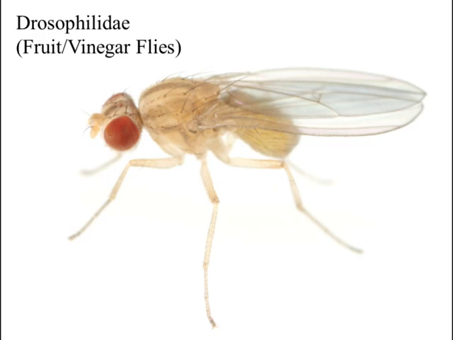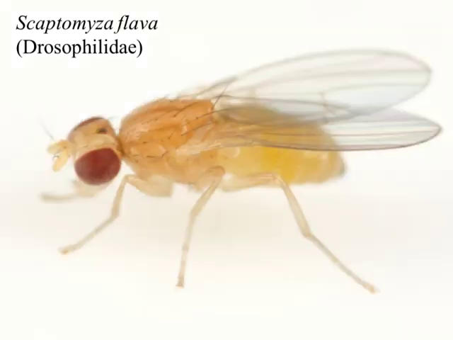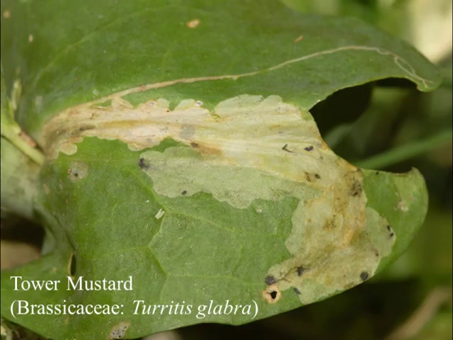Drosophilids, again, I already mentioned Scaptomyza pallida sometimes feeds within mines of other insects as well as various other damaged plant tissue. But there are also true leaf miners in the same genus. Scaptomyza flava is a cosmopolitan species that is a leaf miner mostly of mustards, including this wild tower mustard.